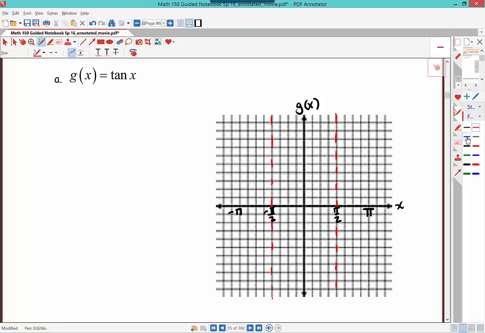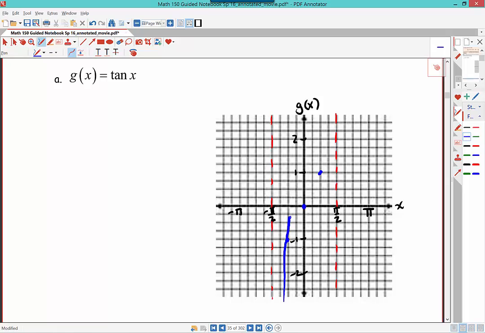So our graph will have an ordered pair at 0, 0. Let's see, what are we going to do for our one? We'll have 1, 2, negative 1, negative 2. So at pi over 4, we have an output of 1. At negative pi over 4, we have an output of negative 1.